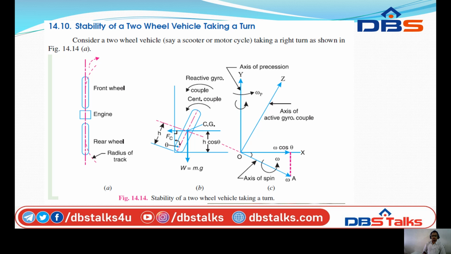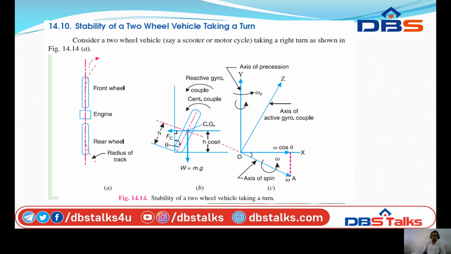The centrifugal force, center of gravity, axis of active gyroscopic couple, axis of precession and axis of spin. So let us consider m is equal to the mass of the wheel and its rider in kg. So not only the weight of the vehicle, we are considering the rider's weight also.